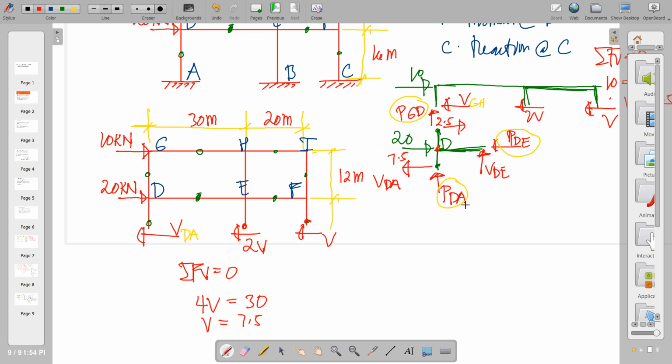So now that we have that one, we consider the portal, this portal here.